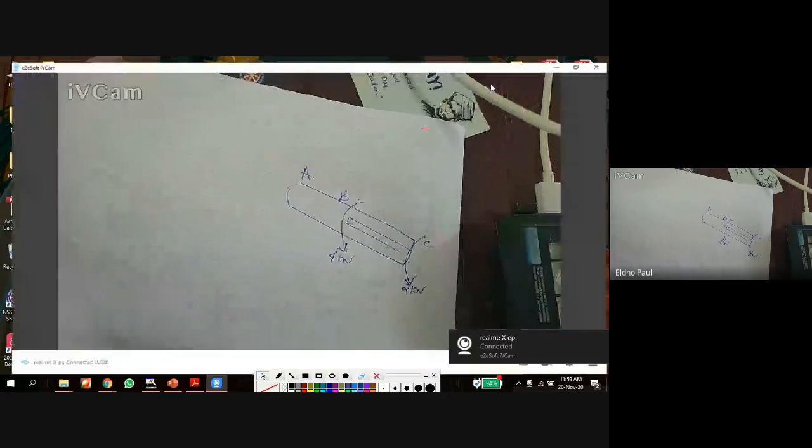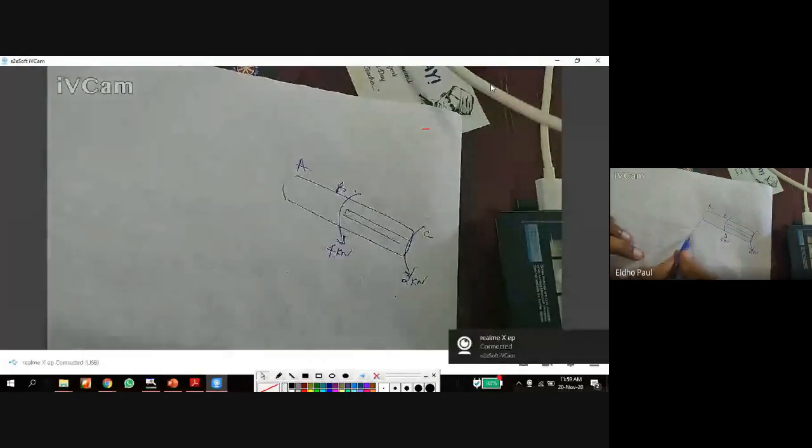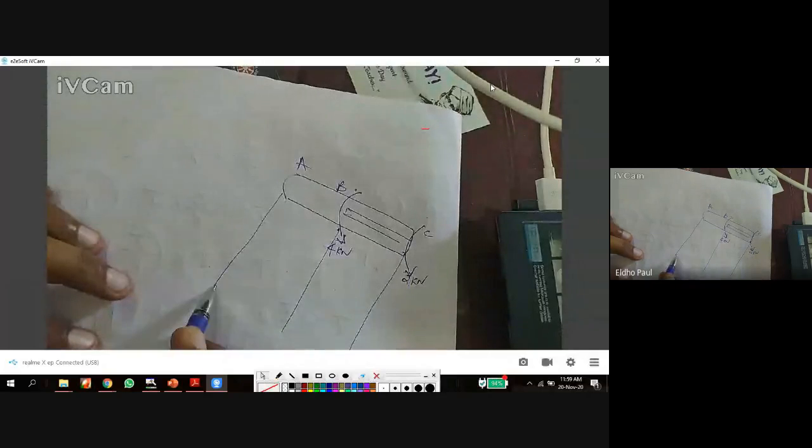So here also we use the concept of sections. What is the distribution of torque here?